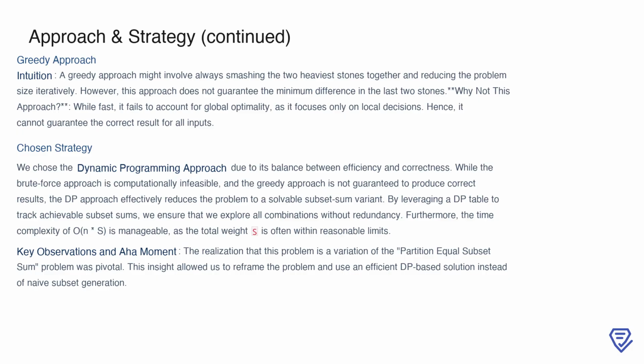As a result, this approach is fast but unreliable, as it doesn't account for all possible combinations of subsets. Therefore, while it might work in some cases, it cannot ensure correctness for all inputs, which makes it unsuitable for solving this problem comprehensively. Instead, the dynamic programming approach emerges as the most suitable strategy, balancing efficiency and accuracy.